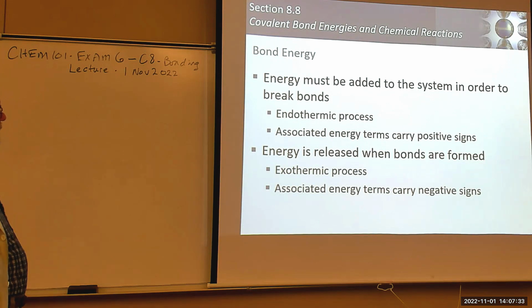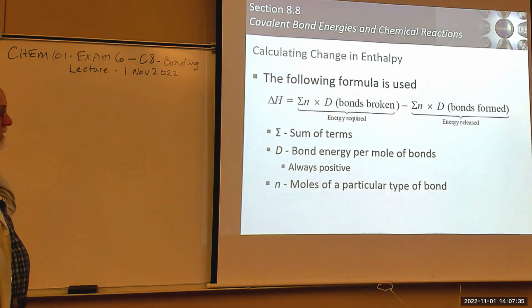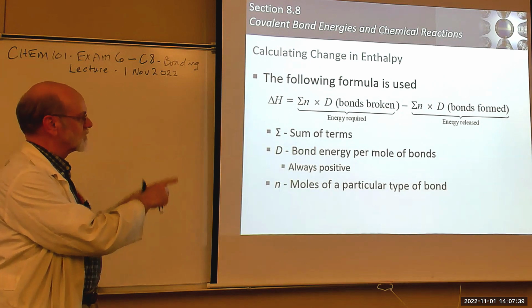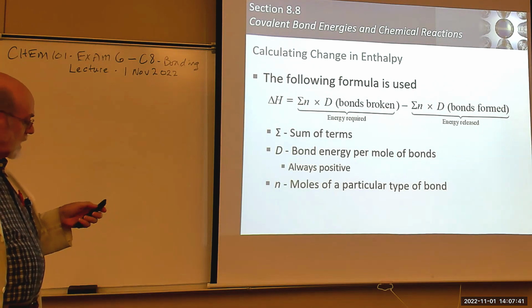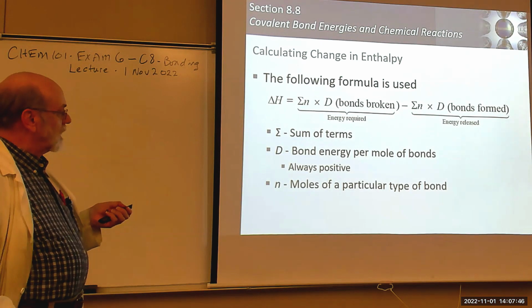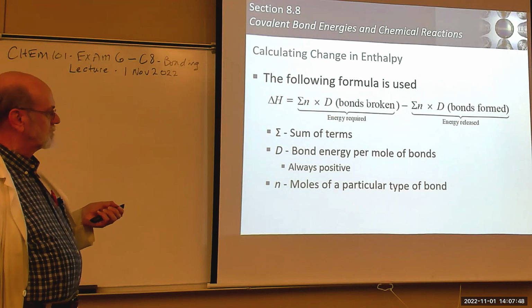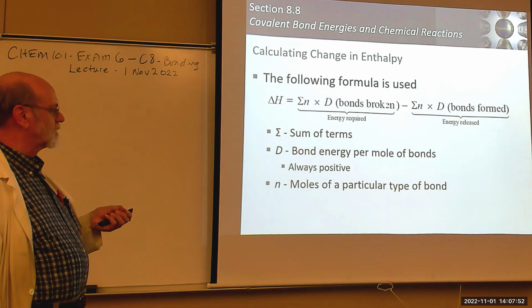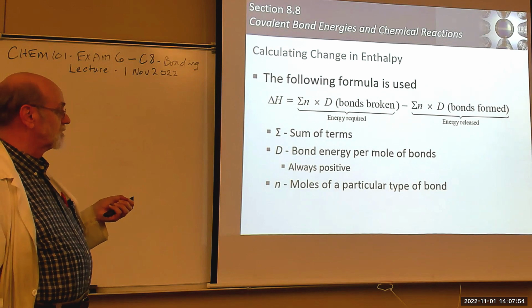We've already said this. I'm not going to stop here. So here's that equation. I just gave it to you in words. Here it is on the board. In order to determine the enthalpy of a reaction, what we can do is take the energy that's required to break the bonds, right?